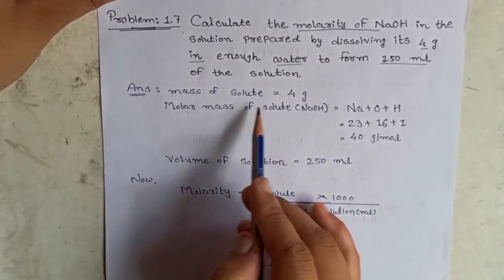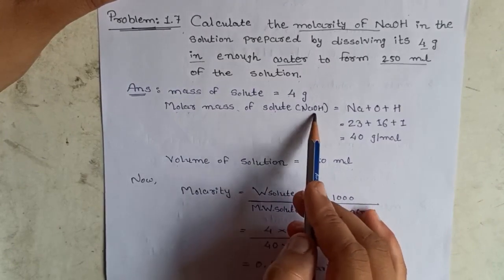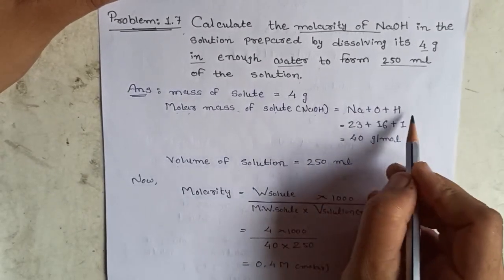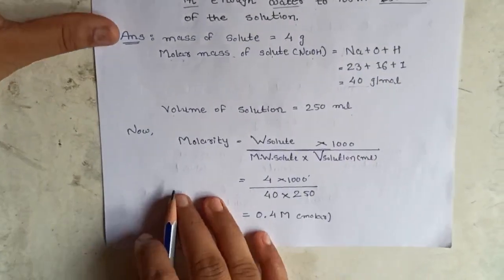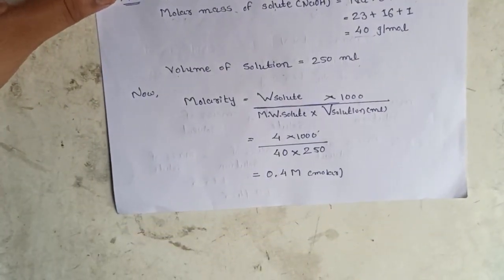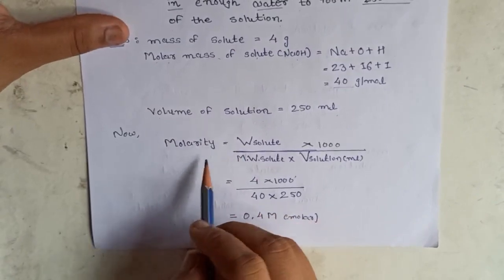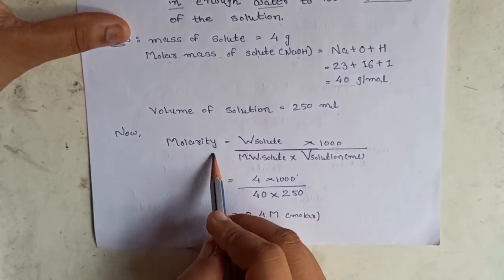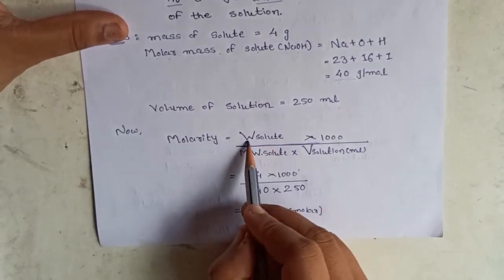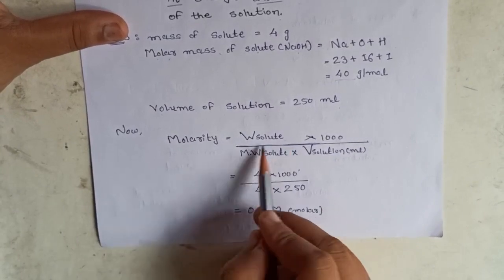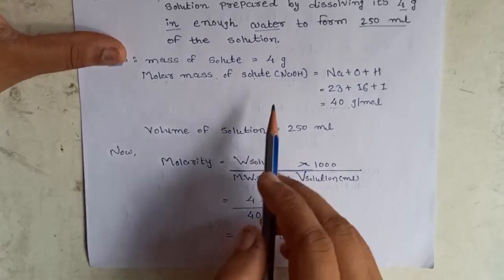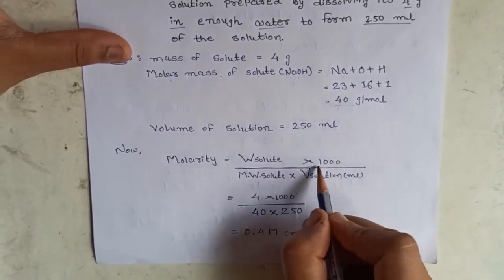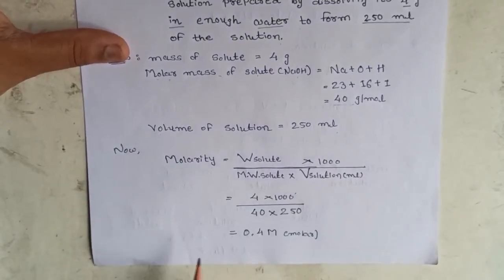And molar mass of solute, which is our NaOH, so Na plus O plus H, it will be 40 gram per mole, right? Then write the formula for the molarity, which is mass of solute divided by molar mass of solute into volume of solution. Here we are taking volume of solution in ml, so we have to multiply by 1000, right?